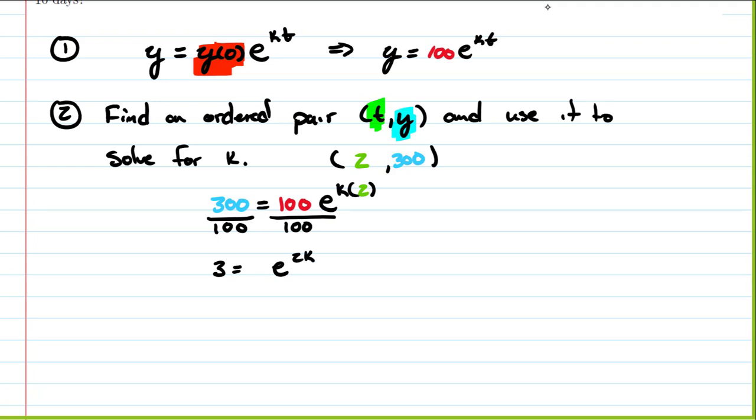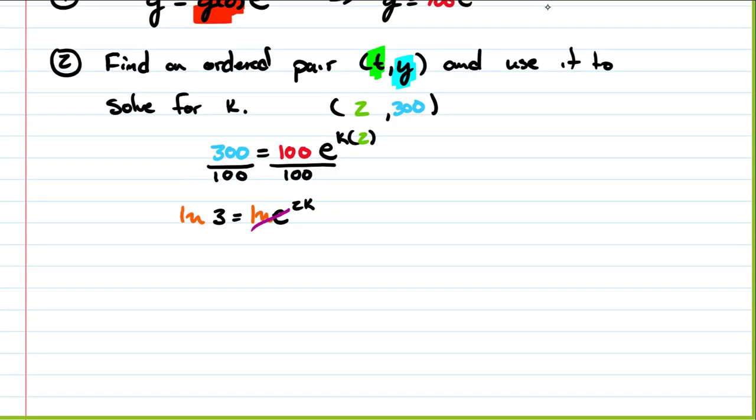The inverse of an exponential base e is the natural logarithm. So we take the natural logarithm of both sides, and when we do so, the e and the natural log reduce out. And we get the natural logarithm of 3 is equal to 2k. We divide by 2, and this gives us k is equal to the natural logarithm of 3 divided by 2.